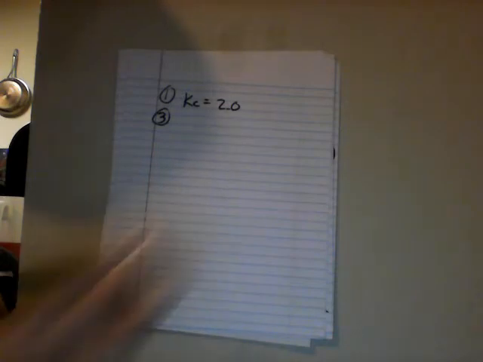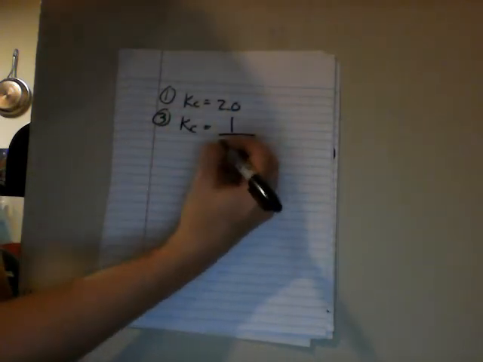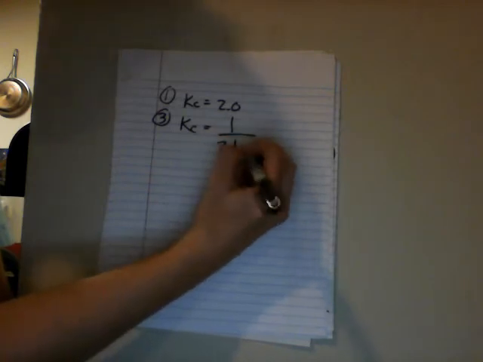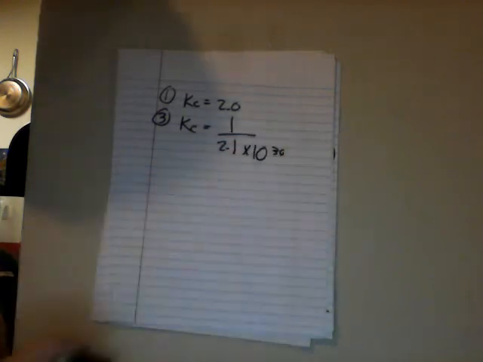So for one of them, I just kept it the same. Equation 1, I kept it the same, so I'm going to use the Kc value of 2.0. Now for equation 3 that we came up with on our own, we swapped products and reactants. That was Kc 1 over 2.1 times 10 to the 30, right?